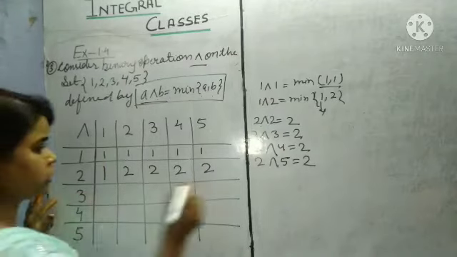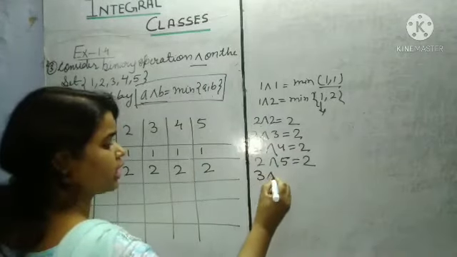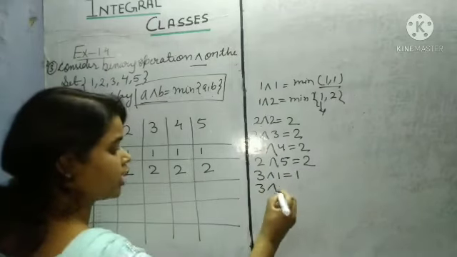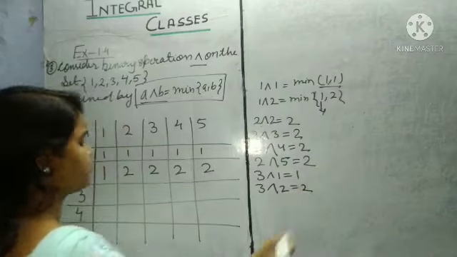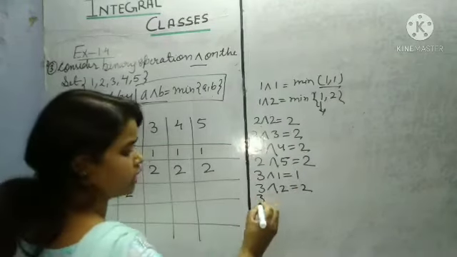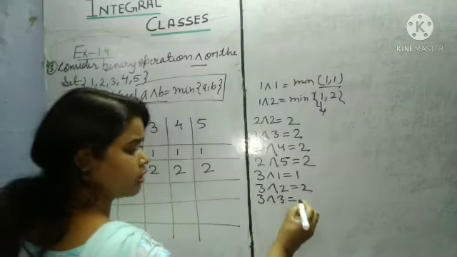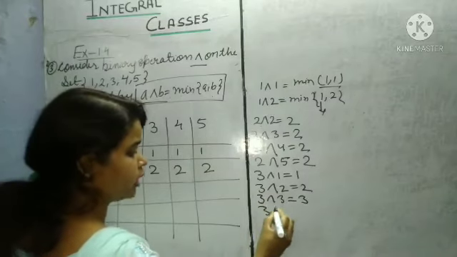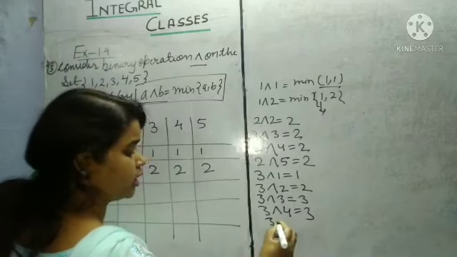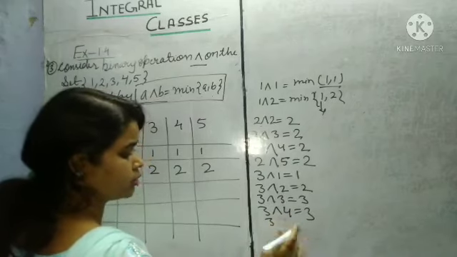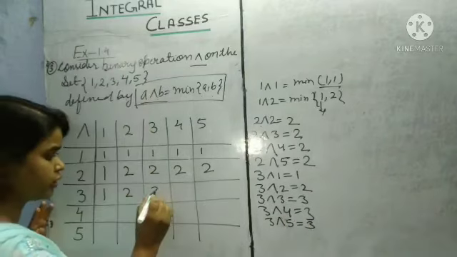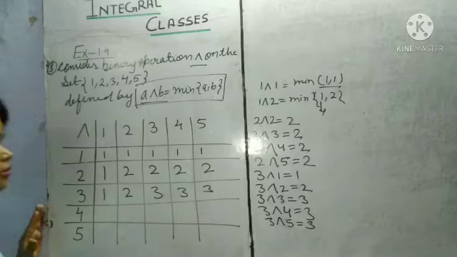Now 3 cap 1, 1 is minimum. 3 cap 2, 2 is minimum. So 1 2. Now 3 cap 3, 3 is minimum. 3 cap 4, again 3 minimum. 3 cap 5, again 3 minimum. So we should write 3 is minimum.